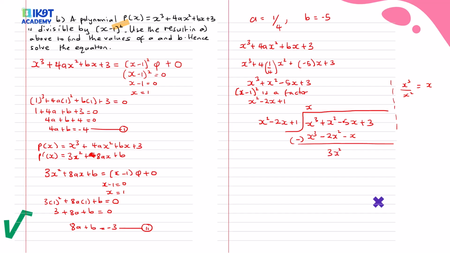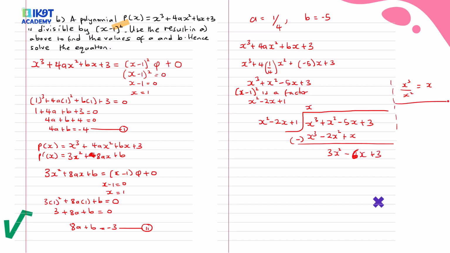Then I have minus 5x minus x. Sorry, this was a plus. I think we made a mistake. This was a plus, such that negative 5x minus x becomes negative 6x. Sorry for that mistake, negative 6x plus 3.